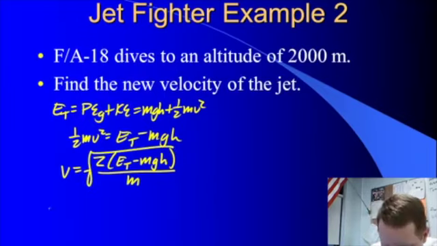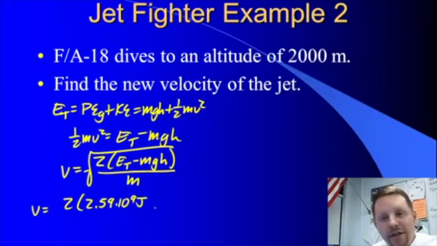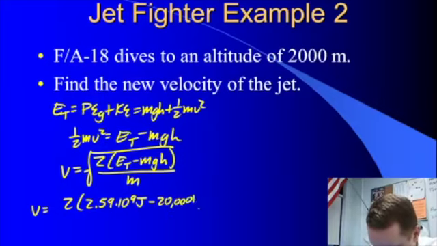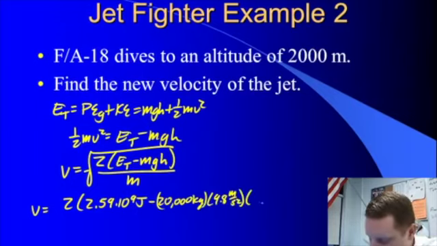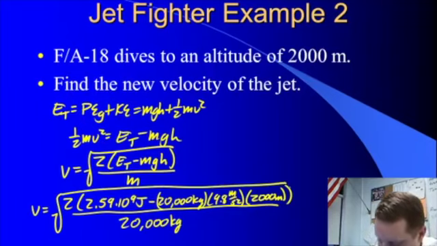Now when we substitute in with values, we have to remember that total energy we found in the previous problem, 2.59 times 10 to the 9 joules. It doesn't change because energy is conserved, minus mgh, 20,000 kilograms, times g, 9.8 meters per second squared, times our new height, 2,000 meters, all divided by our mass of 20,000 kilograms, and we have to take the square root of that whole thing.